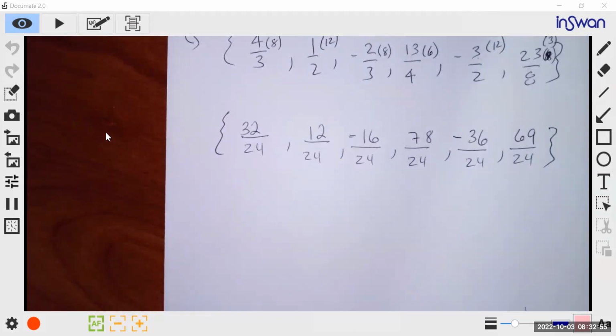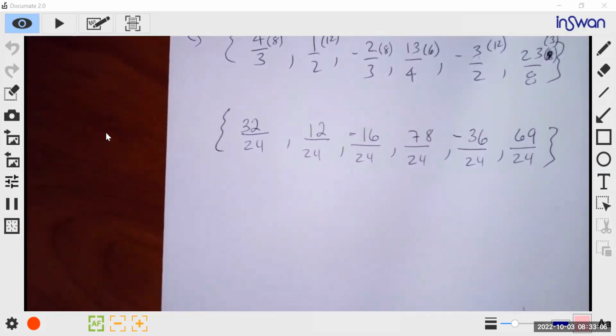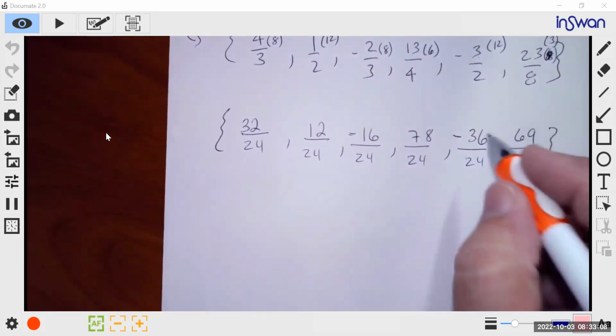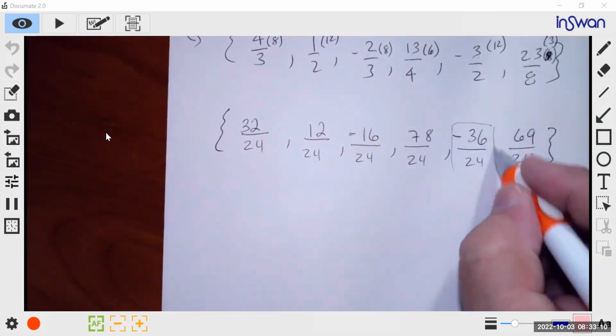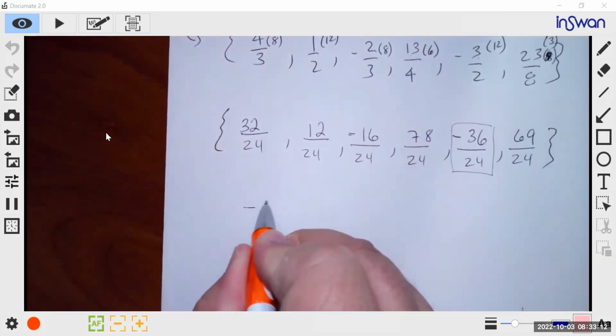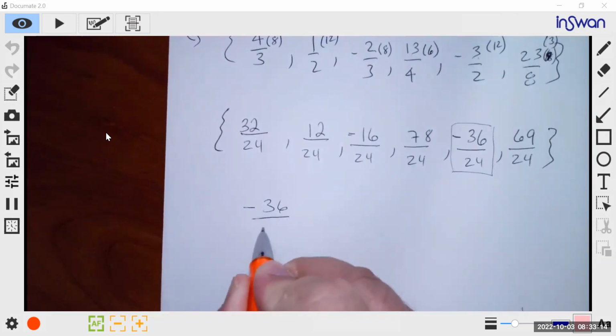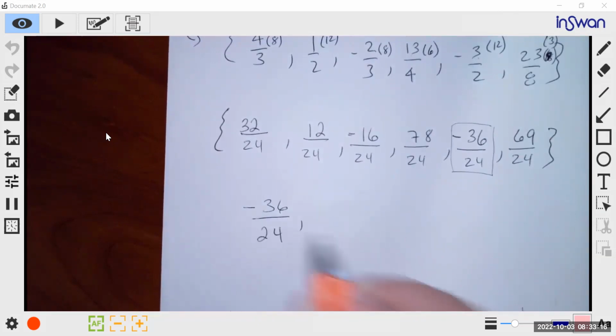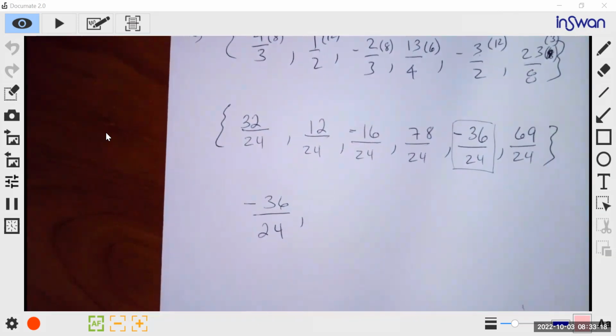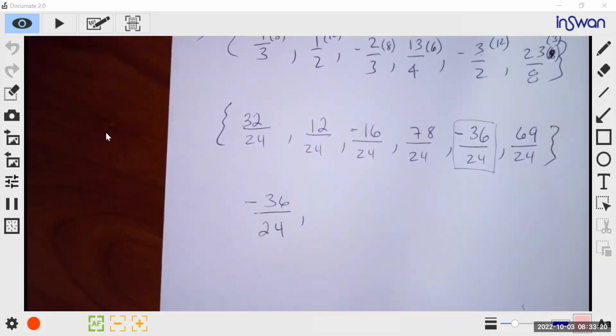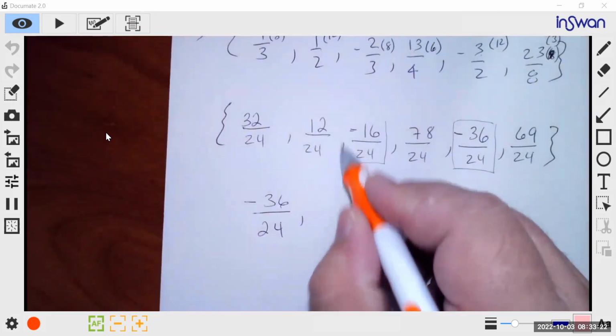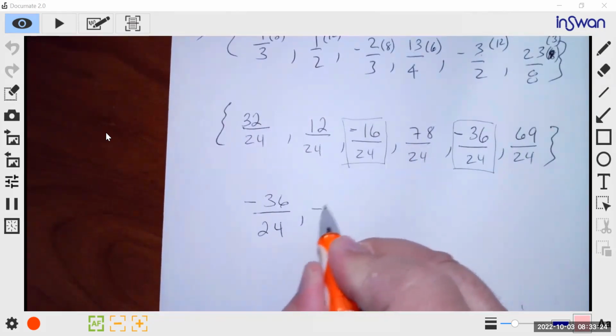Now I can compare the numbers. Only look at the top numbers so you can see which one's bigger than the other one. So the smallest number we have is negative 36. The next negative number is negative 16.